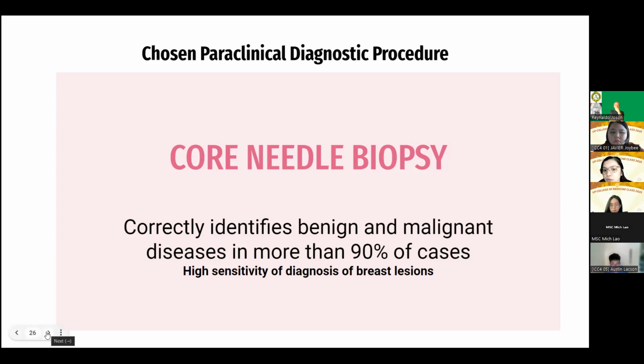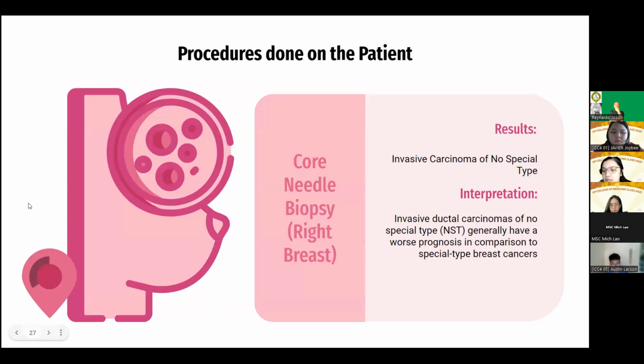So if we move on to the next slide. Here are the procedures done on the patient according to her results as well. As we have mentioned before, she needed a core needle biopsy to confirm her diagnosis. On her right breast, it was found out that she had an invasive carcinoma of no special type.